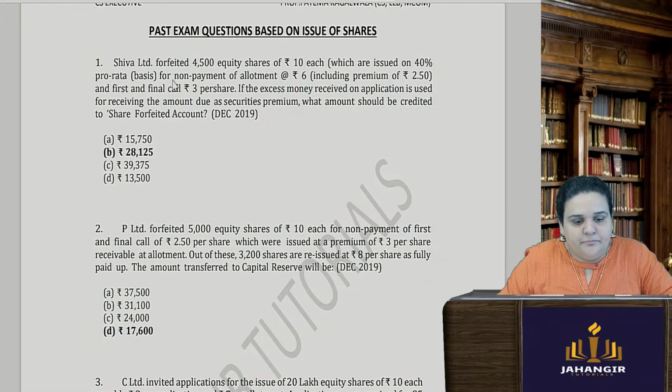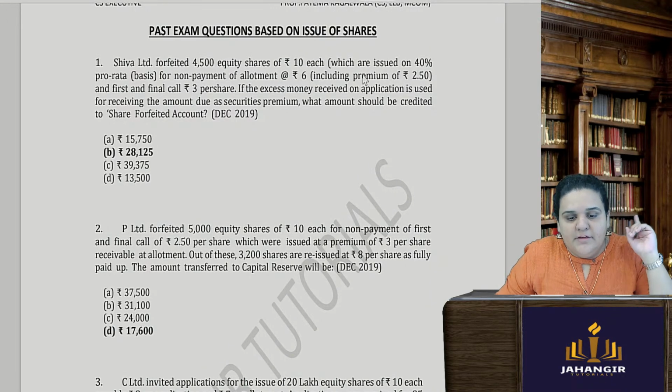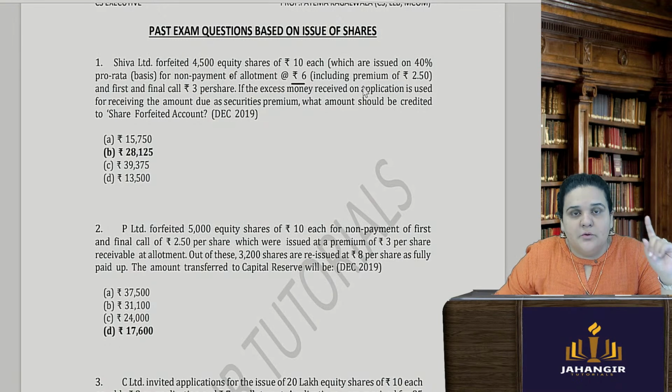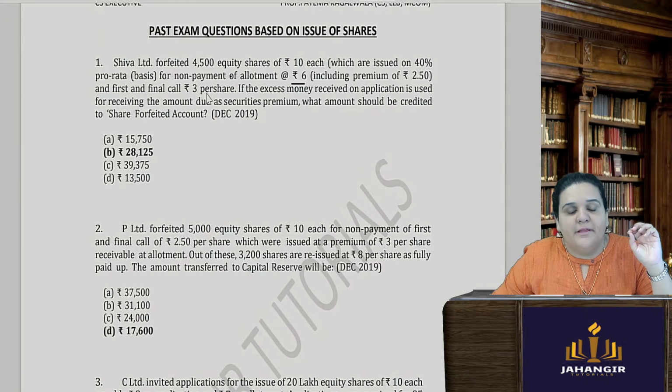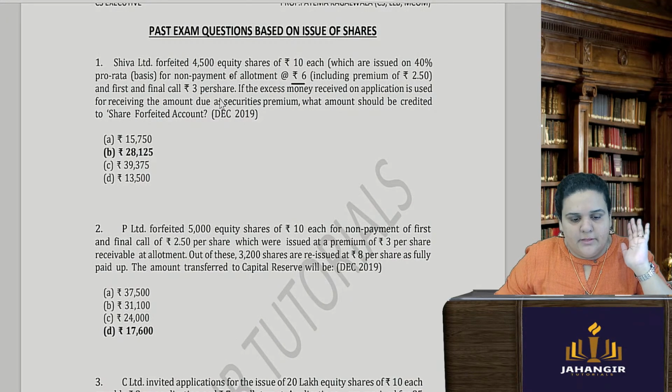Shiva Limited forfeited 4,500 equity shares of rupees 10 each. They were issued on 40% pro rata basis, on non-payment of allotment at rupees 6. This is including a premium of 2.5, and the first and final call of rupees 3 per share is collected together.